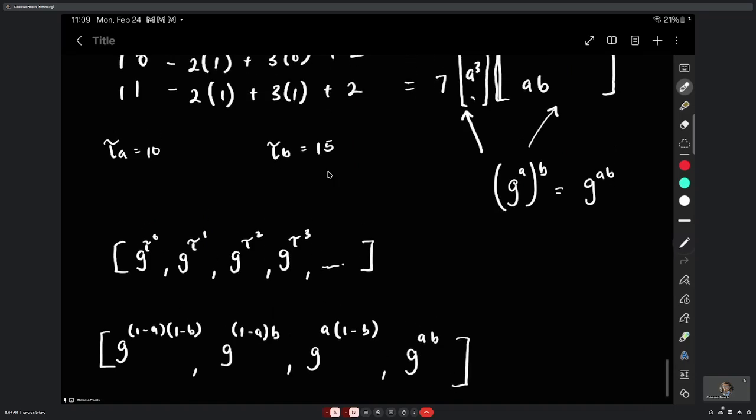So this is the output of the trusted setup for univariate. This is the output of the trusted setup for multilinear for two variables.